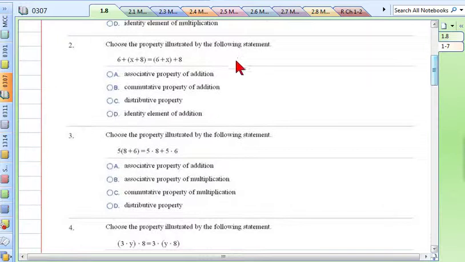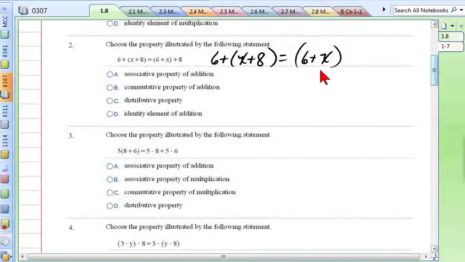The next one says 6 plus parentheses x plus 8 is the same as 6 plus x in parentheses plus 8. I'll always be adjusting this screen for y'all to see. When trying to find properties, look at the operation. Well, it's obviously addition.